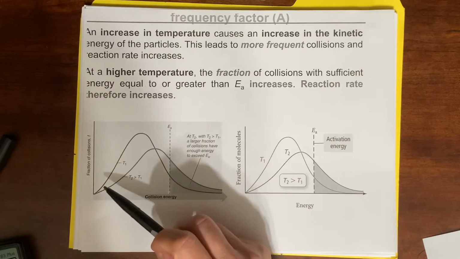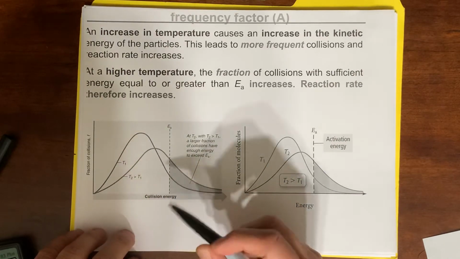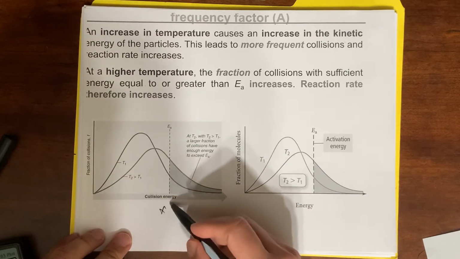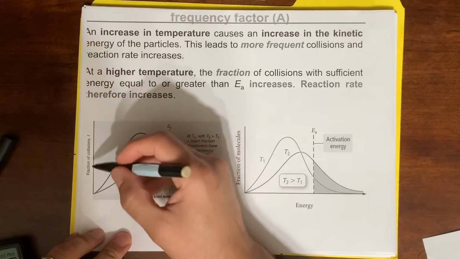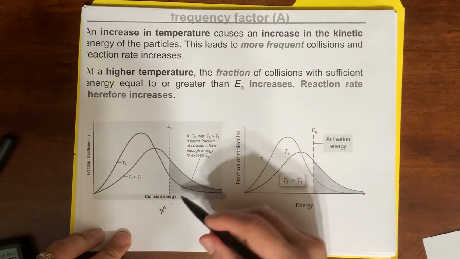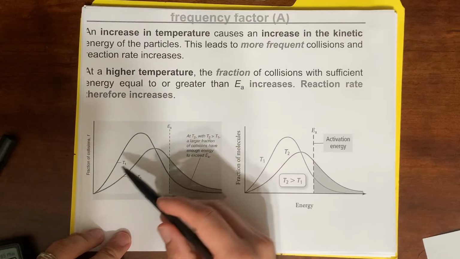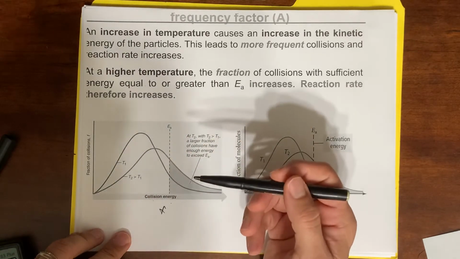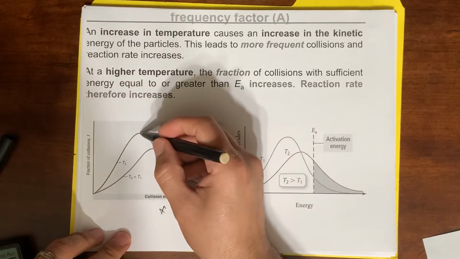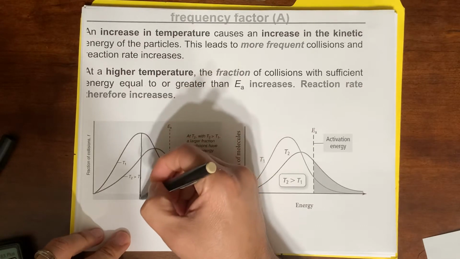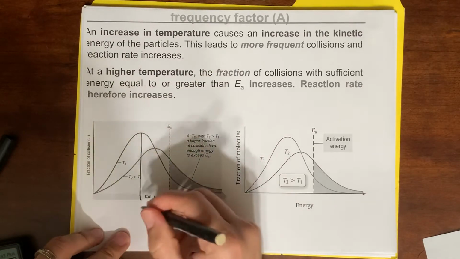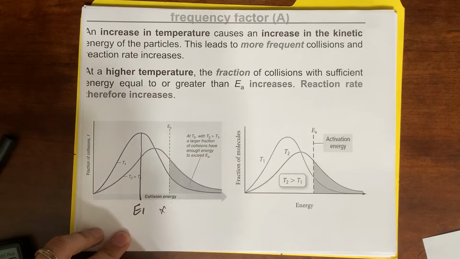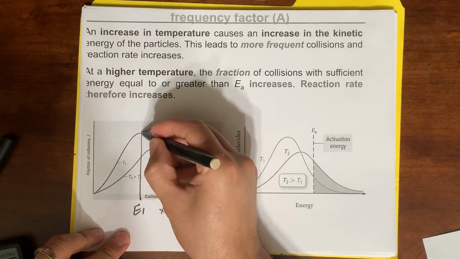Let's check these two graphs. The graph on the left side says collision energy, and this one, fraction of collisions. When the temperature is low, the energy of that collision is going to be low. So this is E1. But you will have a higher number of collisions with that energy.